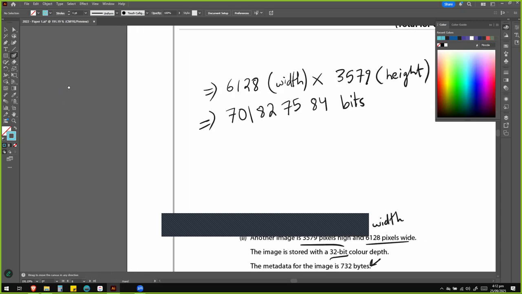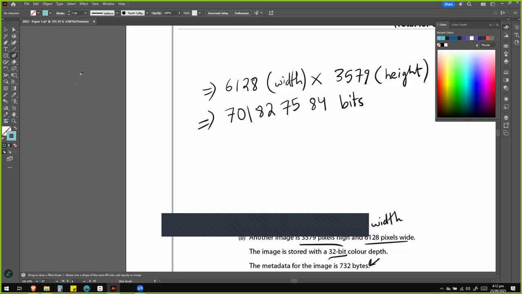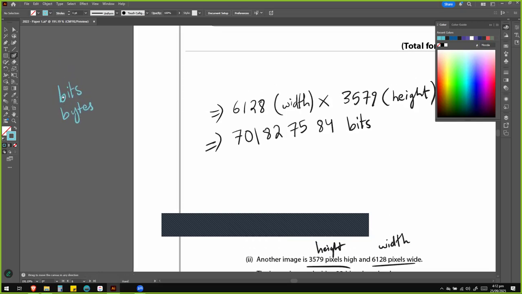So remember, we start with bits, then we move on to bytes. After bytes, you could also say nibbles, but that's not going to be useful. We're not going to be using this a lot, so go with bits, then bytes, and then we can do kilobytes.